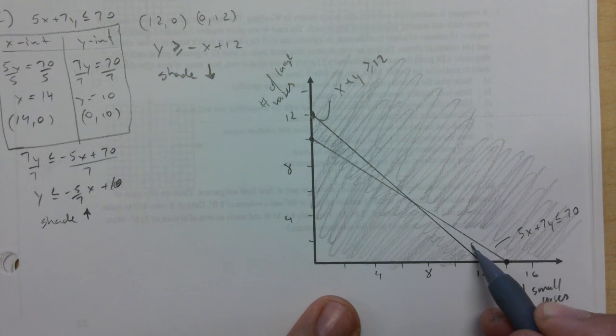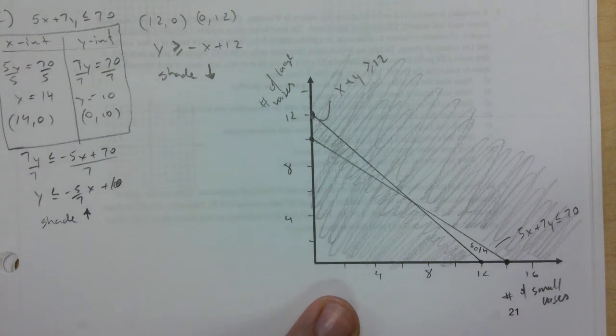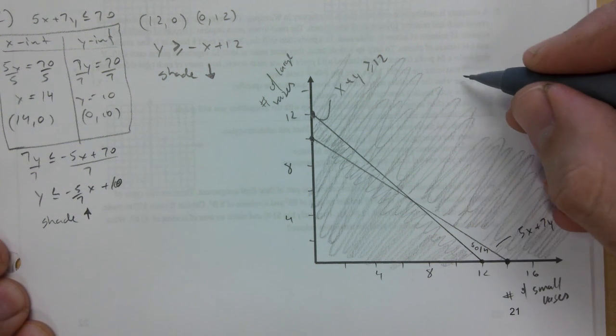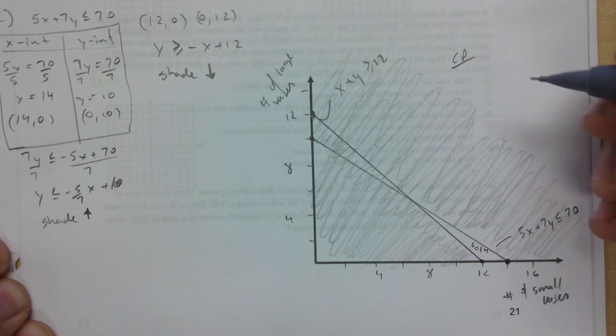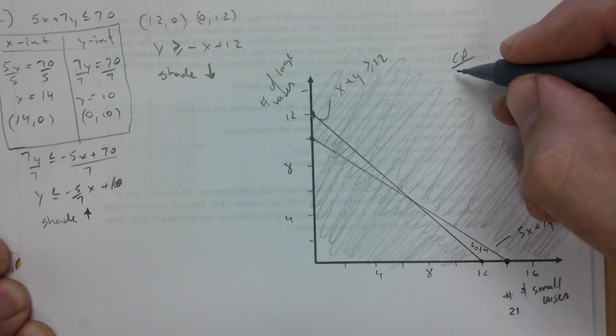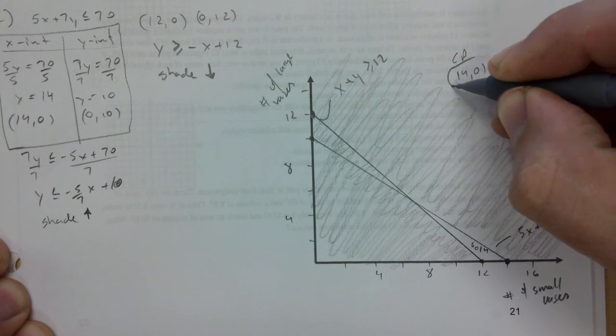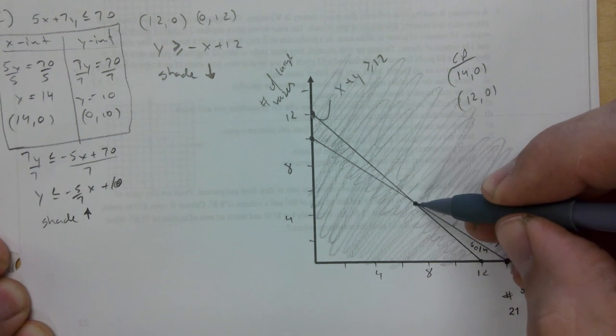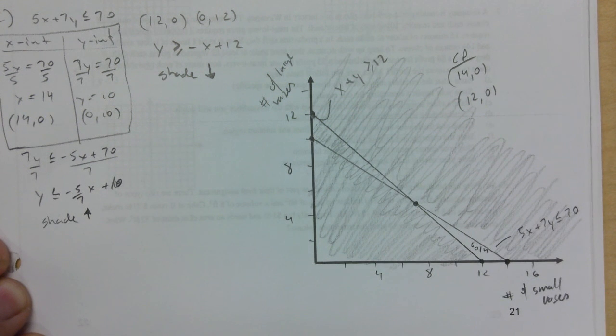So that leaves me with this sliver here. That's my solution. I'm going to come up with the corner points. I've got 12, 0 and 14, 0. And this intersection here, I guess it would have been in the key.